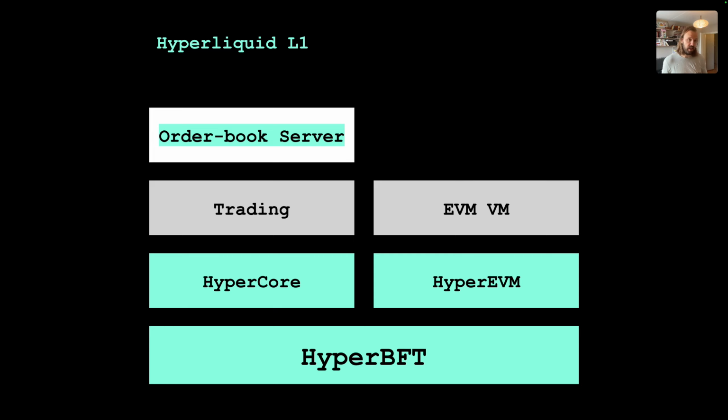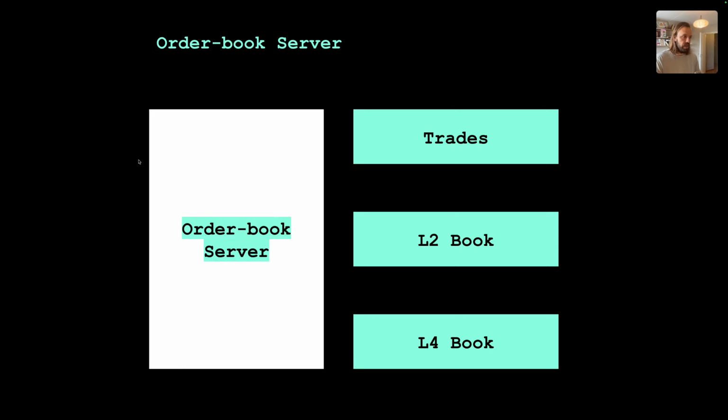So you can get trades, you can get the order book depth, you can even get things like specifically what users are in which order book for what coin, and so on. So that's what we're going to be looking at today. These are the three different types of endpoints you can use with the Orderbook server.